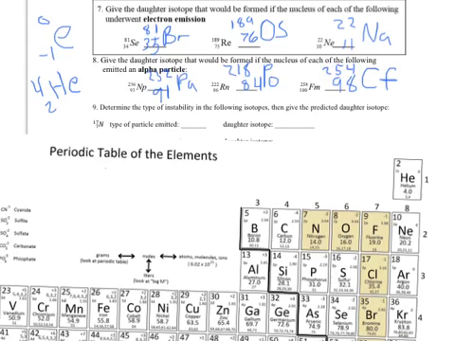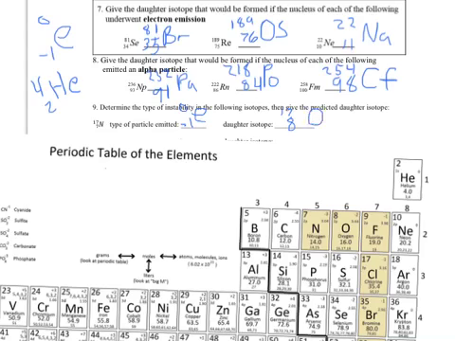So the problem is it has too many neutrons, which means you're going to give off an electron. So if I take an electron away from it, 17 goes down by 0, so that stays 17, and 7 goes down by -1, which makes it go up to 8, and element number 8 is oxygen.